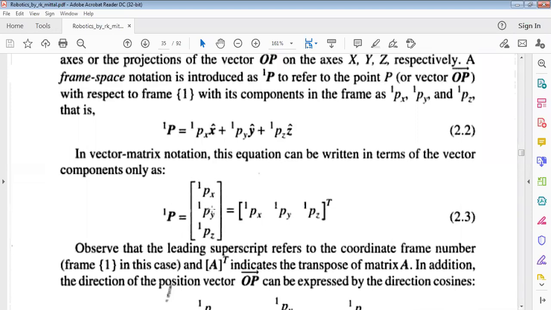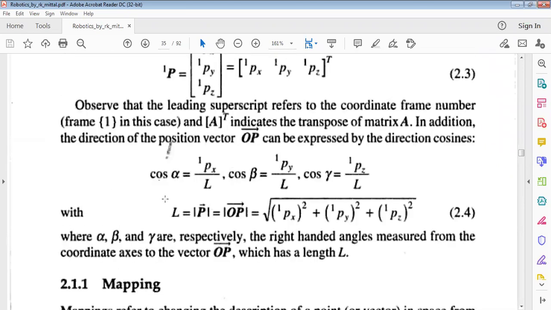A vector is always a column matrix, Px, Py, Pz. Cos alpha, cos beta, cos gamma are the direction cosines of that vector, where capital L is the magnitude of that vector, the square root of Px square plus Py square plus Pz square.